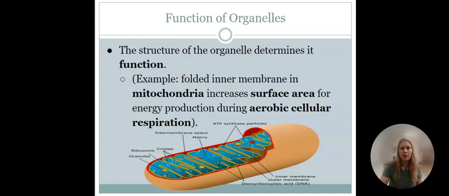For example, the folded inner membrane of the mitochondria increases the surface area that is available for the production of ATP energy during aerobic cellular respiration. We can see this maze of blue stuff in here. All of that space is where aerobic cellular respiration happens. So the structure of the organelle determines its function.